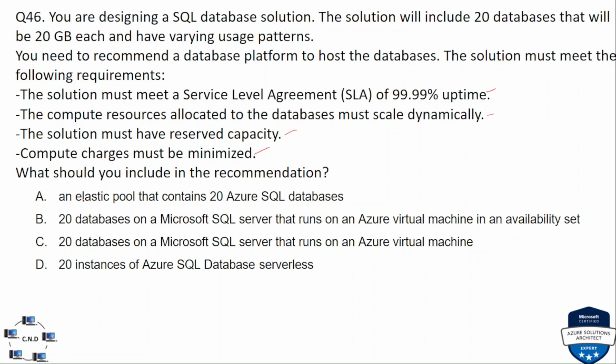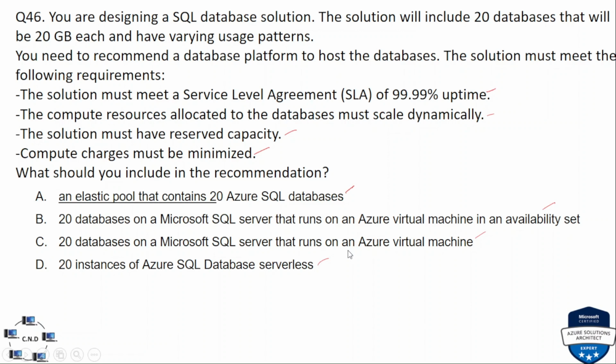And the options are: A, an elastic pool that contains 20 Azure SQL databases; B, 20 databases on a Microsoft SQL server that runs on an Azure virtual machine in an availability set; C, 20 databases on a Microsoft SQL server that runs on an Azure virtual machine; and D, 20 instances of Azure SQL Database serverless.